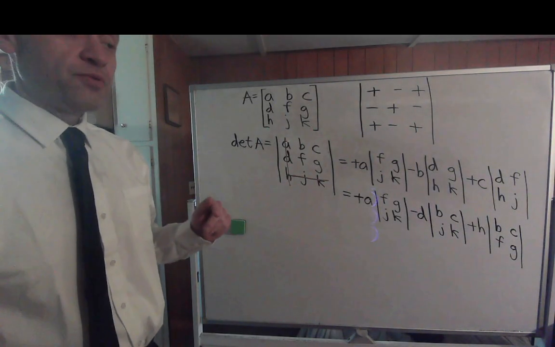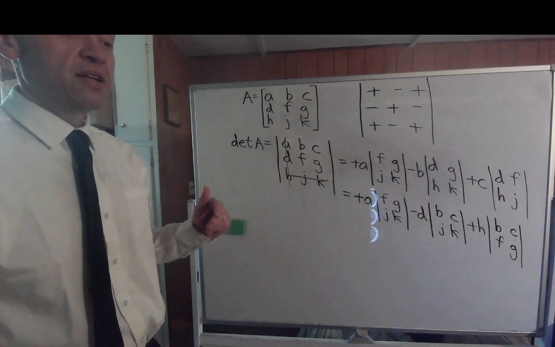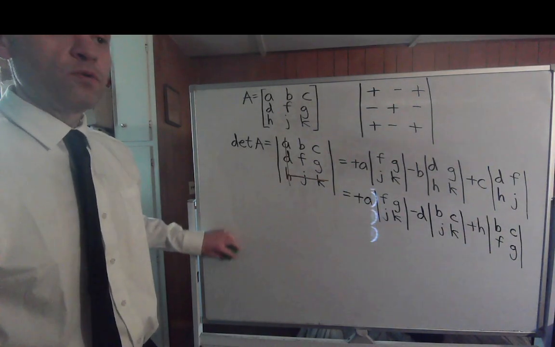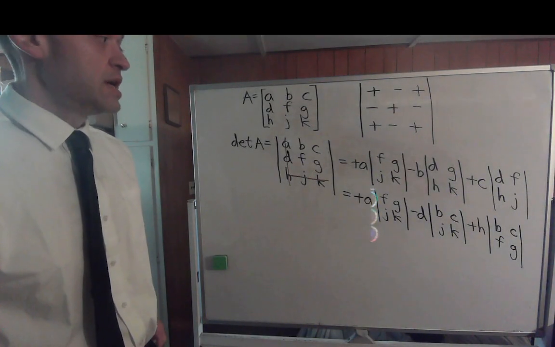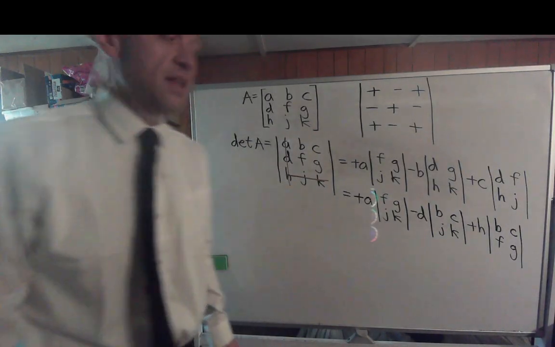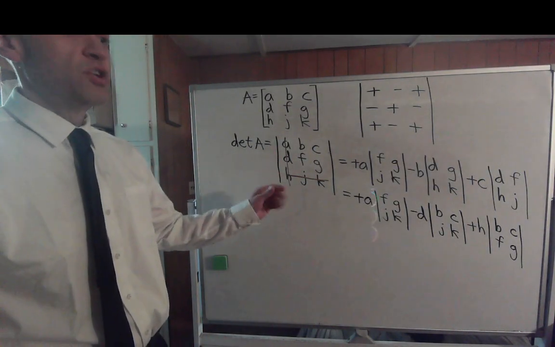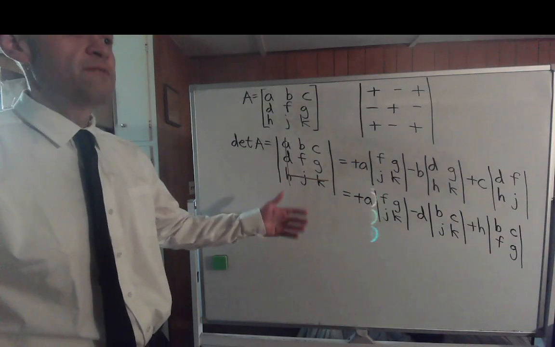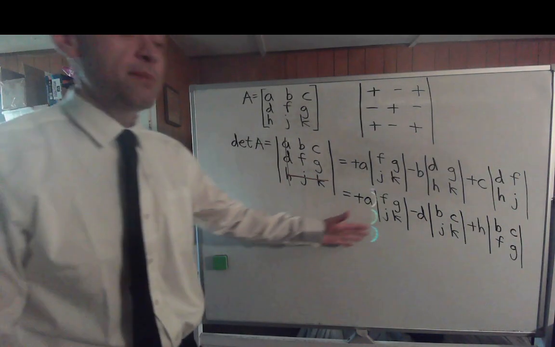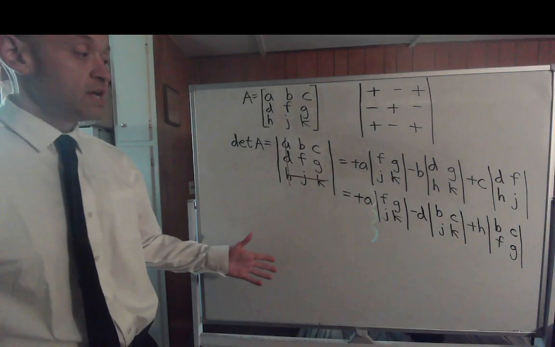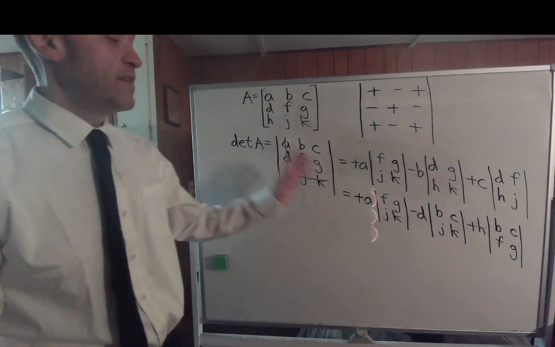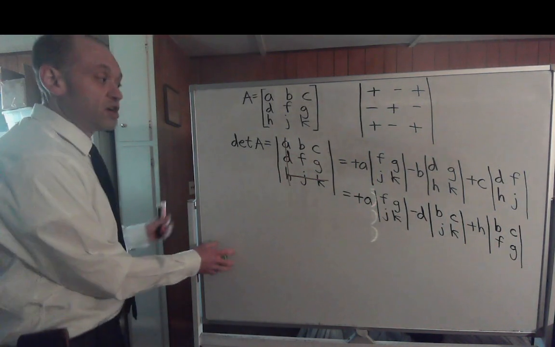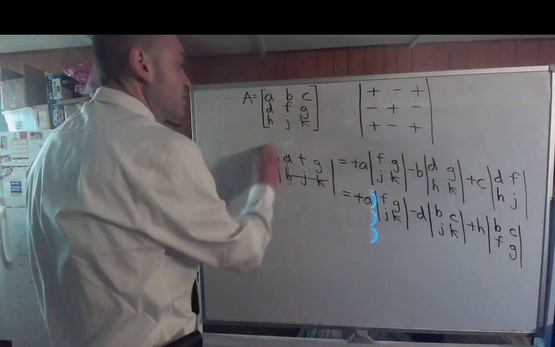For a 3 by 3 determinant, you can even go down a diagonal, but once you get to 4 by 4 or greater, you can't go down the diagonal anymore. That's why I'm not teaching it to you that way, because I want to teach you to be able to do 3 by 3, 4 by 4, 5 by 5 by the same method. But in the end, it does not matter. You should get the same value for your determinant. That's all I'm really trying to illustrate here.